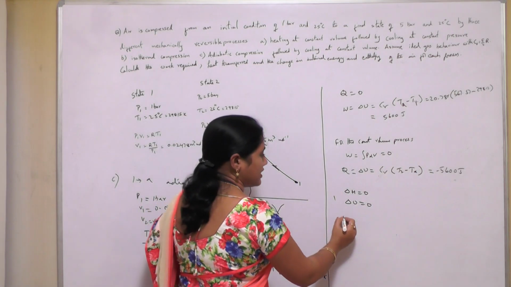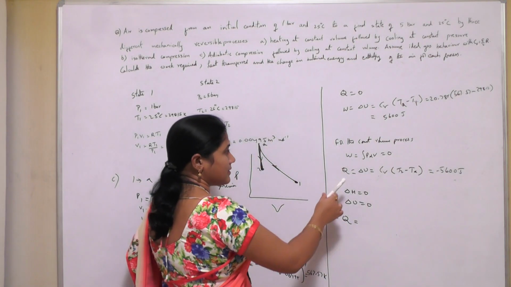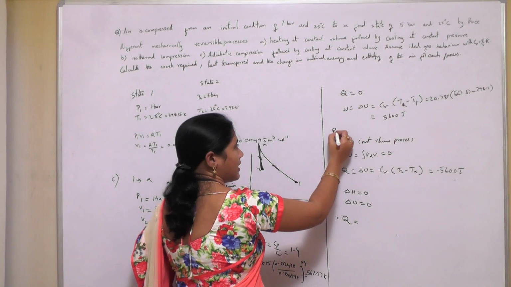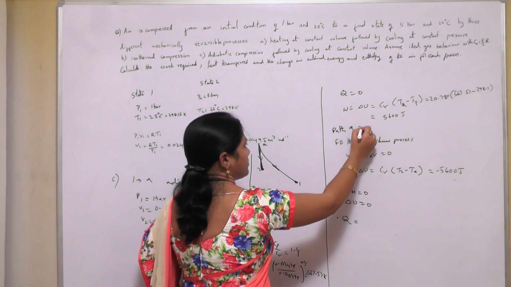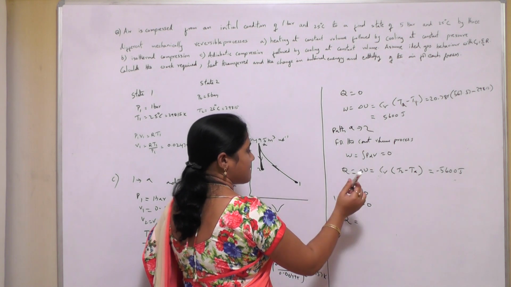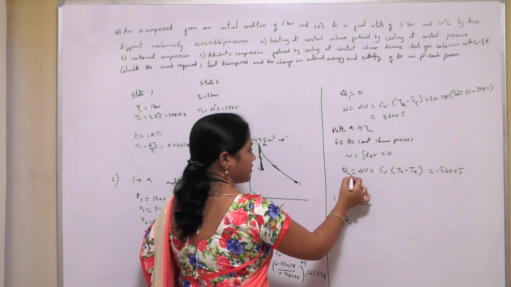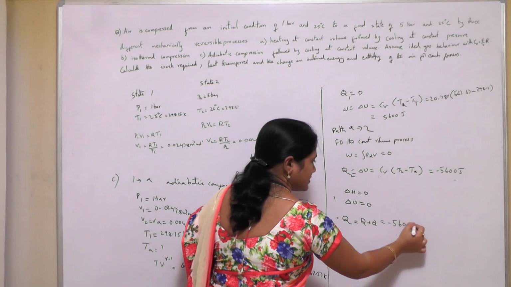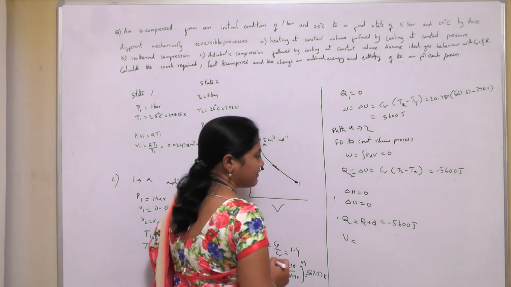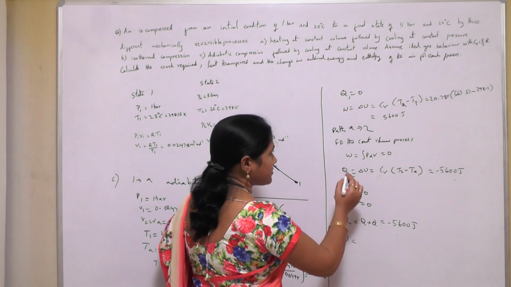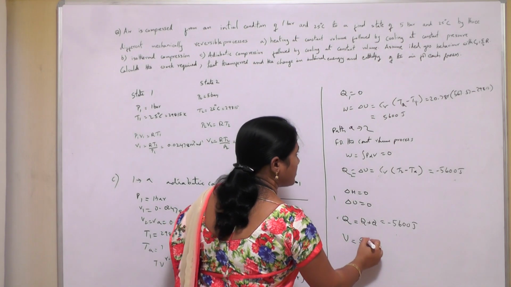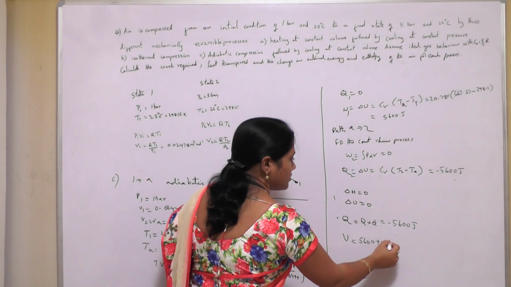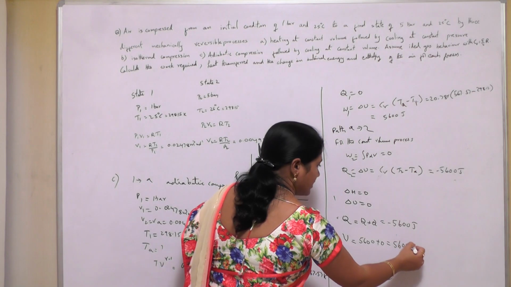For the entire process, the heat transferred, Q1 for path 1 to A and Q2 for path A to 2, Q1 plus Q2 is minus 5600 joules. Similarly, the work required will be W1 plus W2, that is 5600 plus 0, so that is 5600 joules.